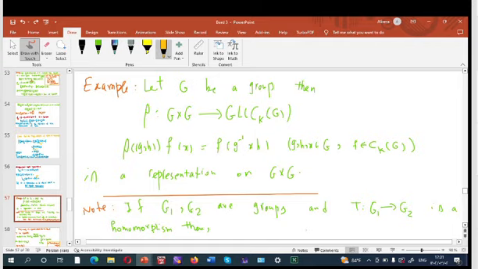Please write this for yourself, that this rho is a homomorphism from this group to this group, okay?